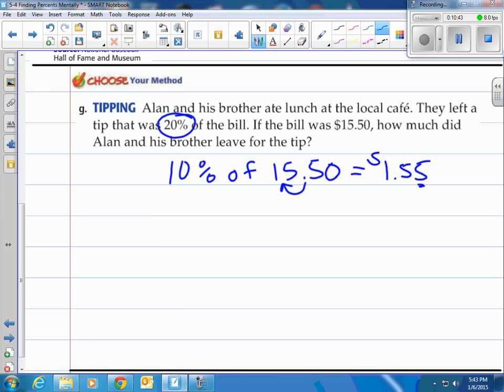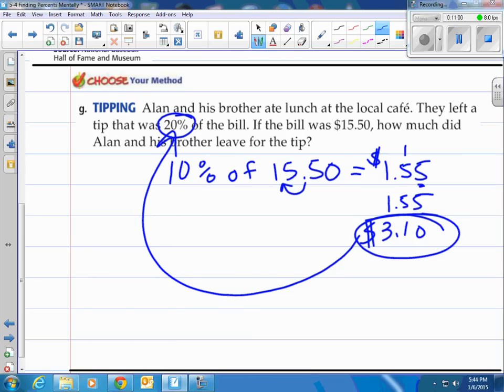So 10% is $1.55. Well, I need two 10%s, so I need two $1.55s. So I'm just going to add that up. That's going to be easy. It's going to be $3.10. That's 20% right there. That's how much tip they left for the server.